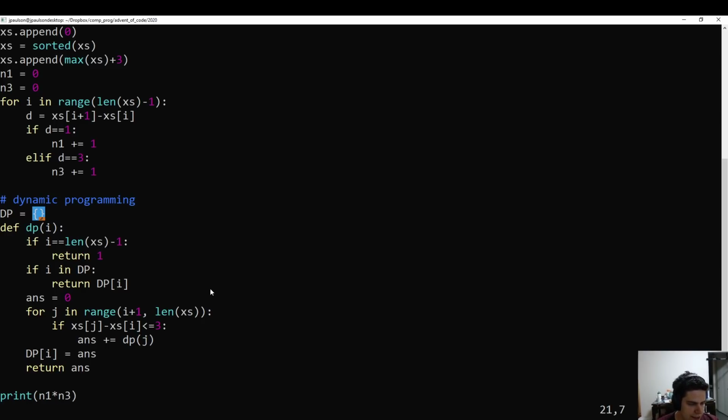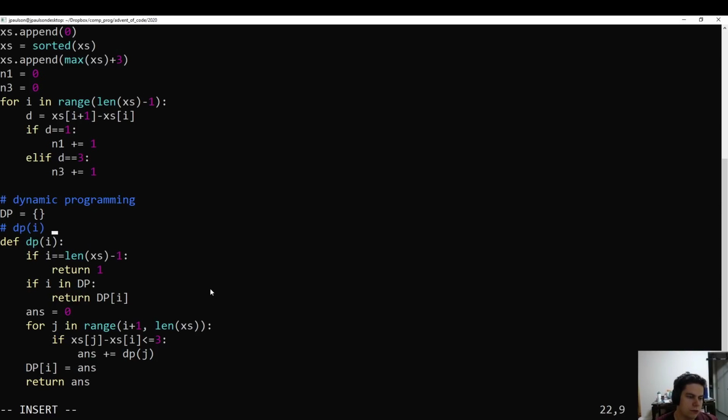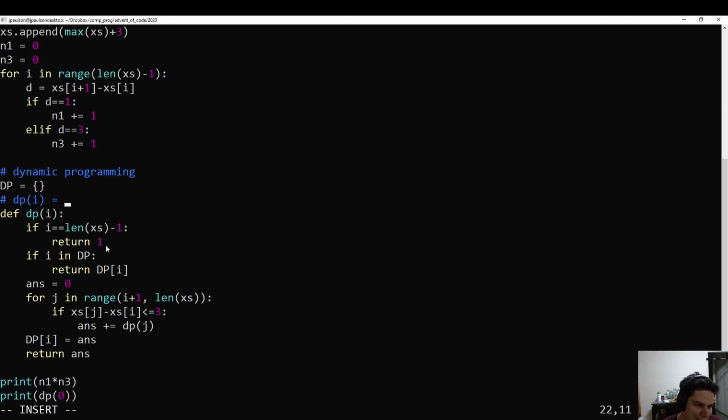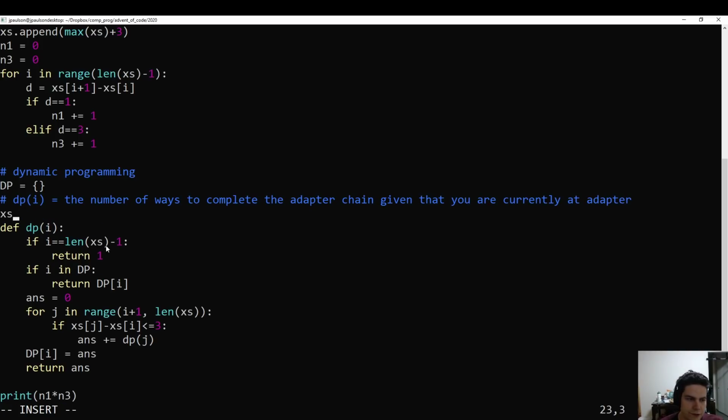Let me explain this in a little more detail. This is not the only way to think about DP, but it's a good way. First, you write down a recursive brute force solution. In this case, I have this function, which I've unhelpfully just called DP, which means the number of ways to complete the adapter chain, given that you are currently at adapter x[i].